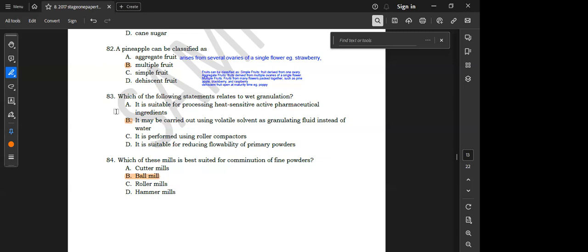Then we agreed on B because it is carried out using volatile solvents. Now someone says that it is suitable for reducing flowability of primary powder. So is it B or D? Maybe Becky, explanation?